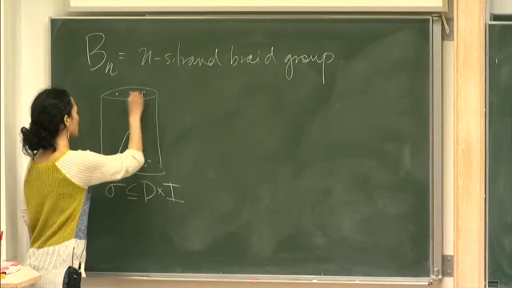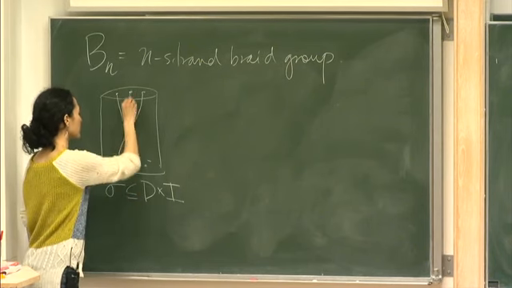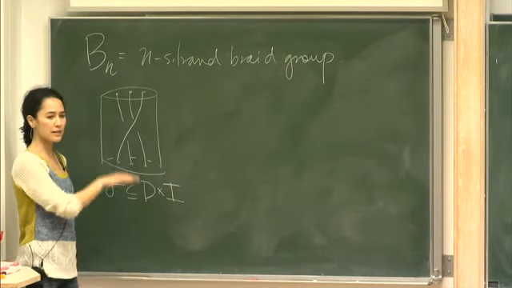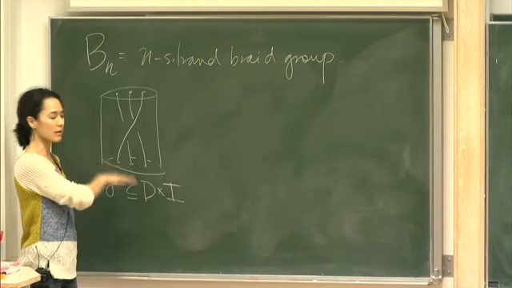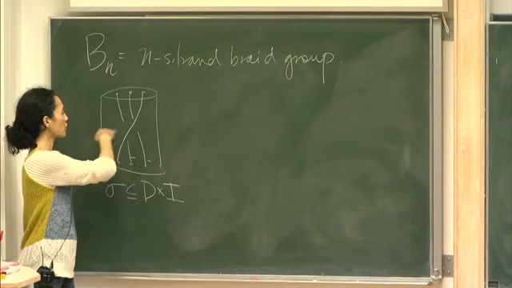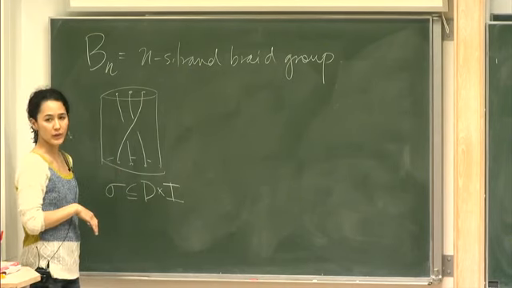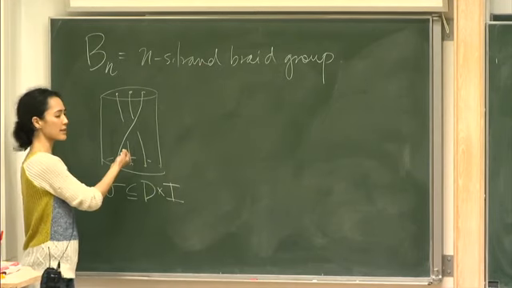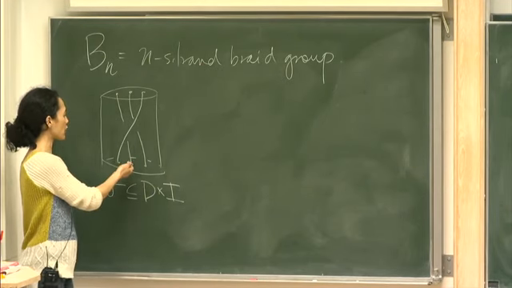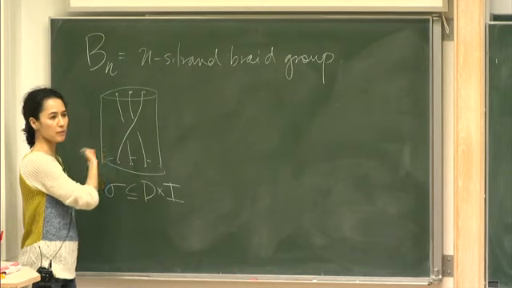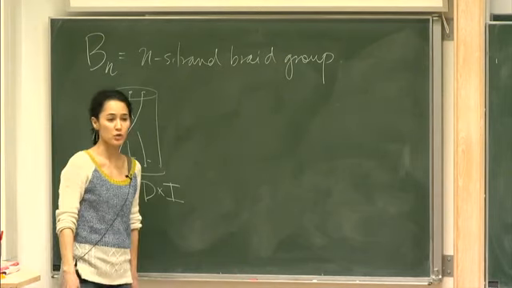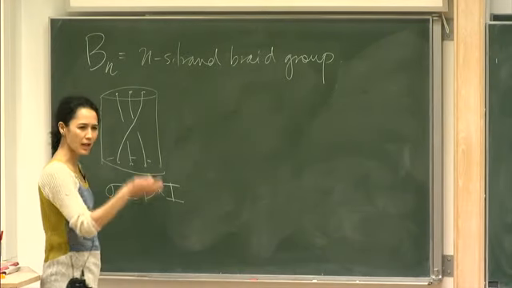And so here's an example of a 3-strand braid. The point is that the restriction of the obvious Morse function to this tangle has no critical points. And we're considering such objects up to isotopy through such objects, rel boundary.